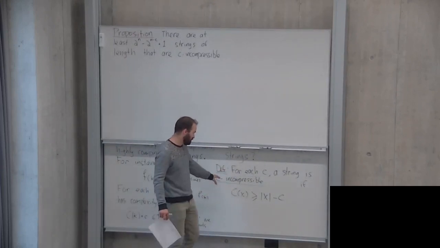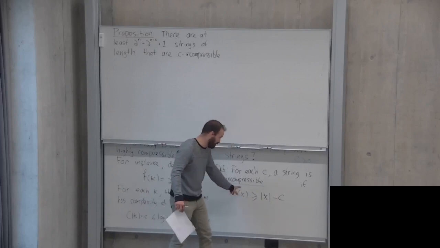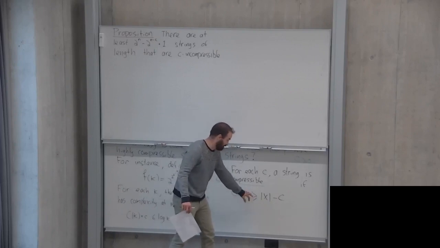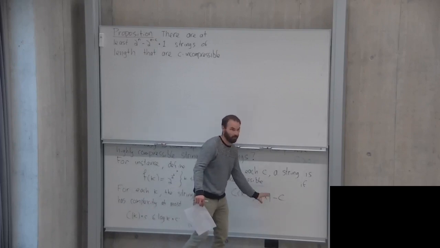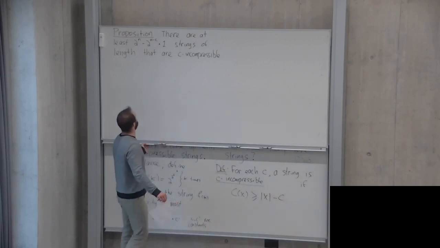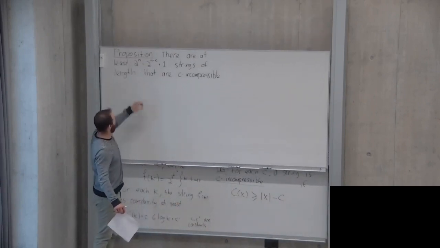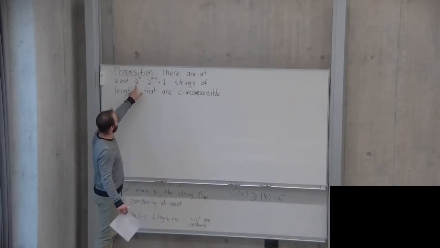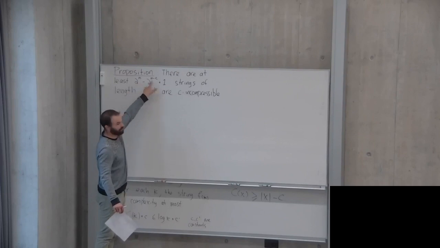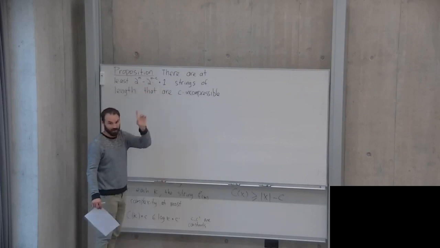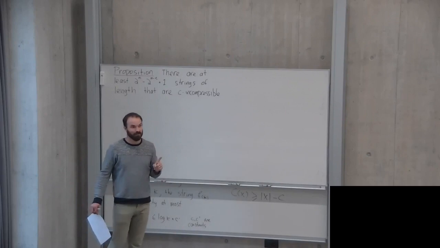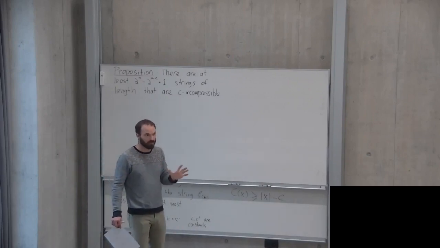A string is 0 incompressible if its algorithmic complexity is larger or equal than its length. What happens if I put c equal to 0? Well, I've got what I want. I've got 2 to the n minus 2 to the n plus 1. So I have at least one string which is 0 incompressible. That is incompressible.